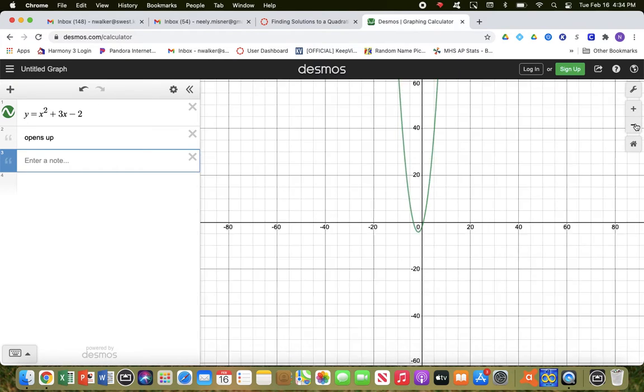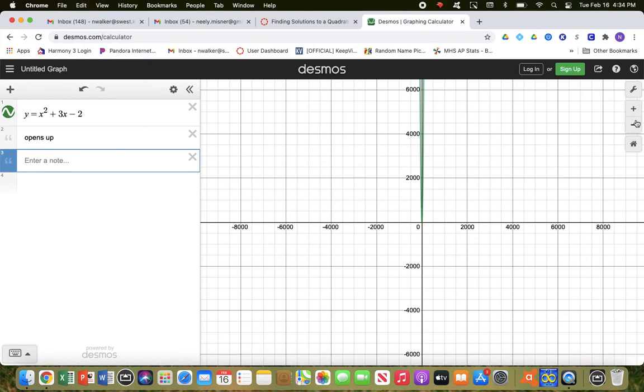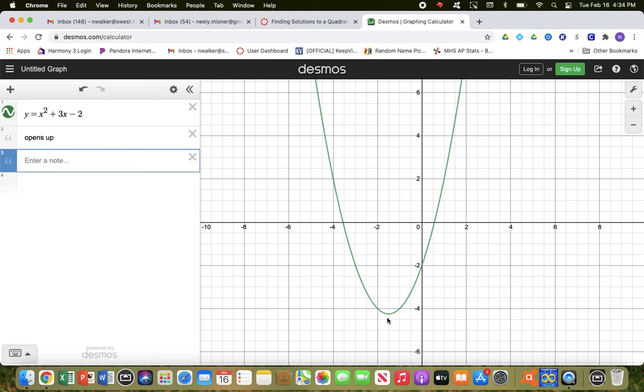The more I zoom out, it's going up into the hundreds, but it has a minimum point. It has a valley. So if it says max or min on this one, we would say this one has a minimum.